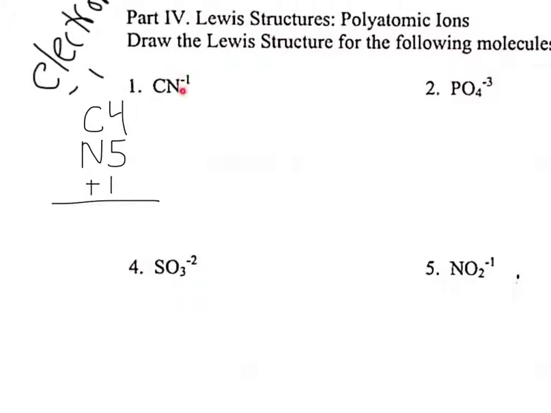But this is referring to the charge, and this is referring to how many electrons. So these are basically the same number but opposite, because electrons are negatively charged. So the total number of electrons is 10. 10e, okay, 10 electrons, so we're looking for 5 pairs.